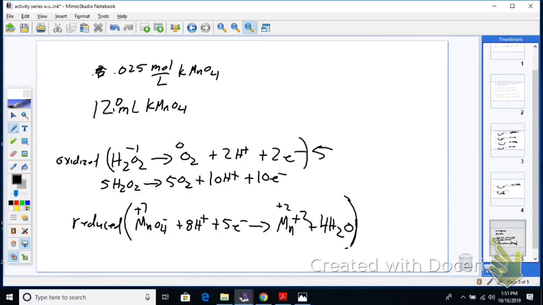So you guys do the bottom one. This is another way you can balance reactions out to where it's not all one reaction. It's called the half reaction method.